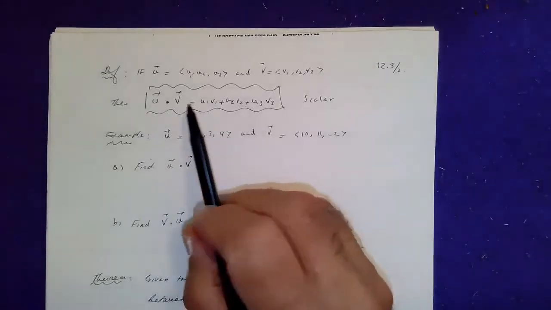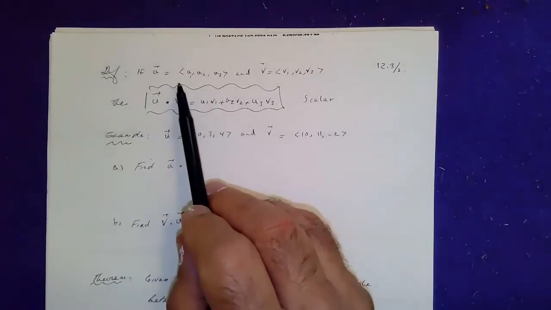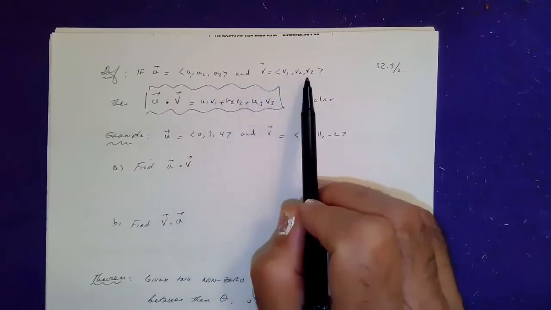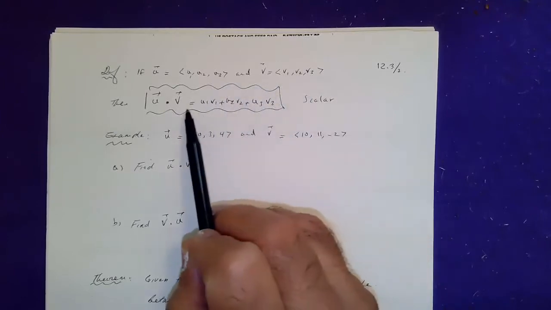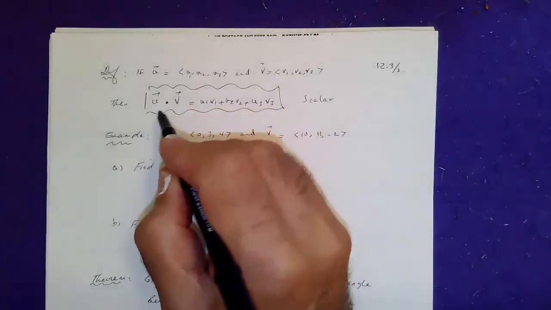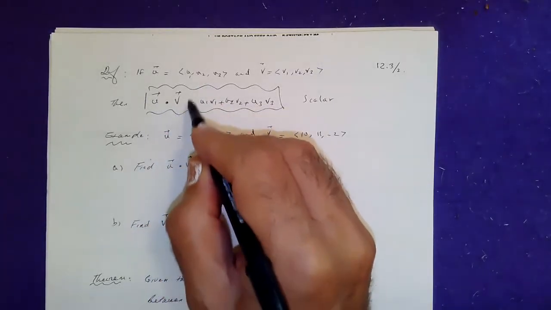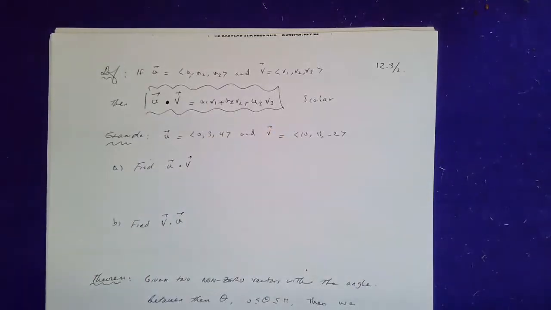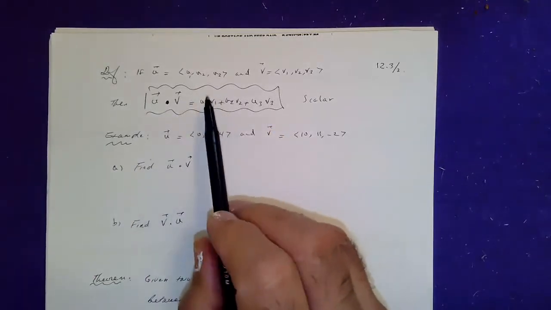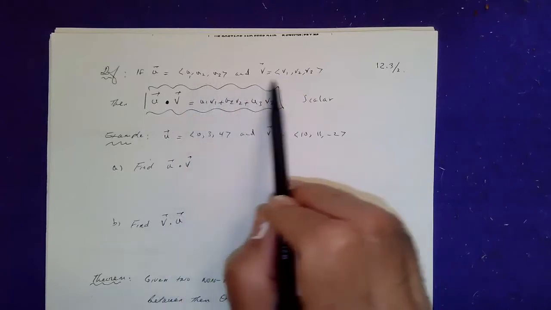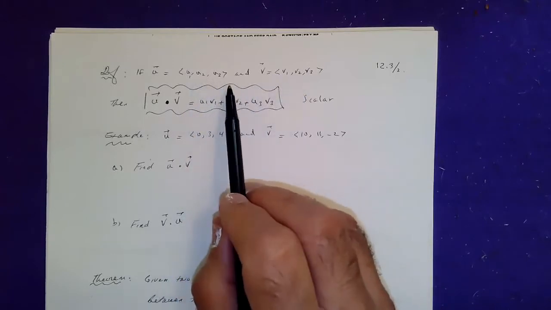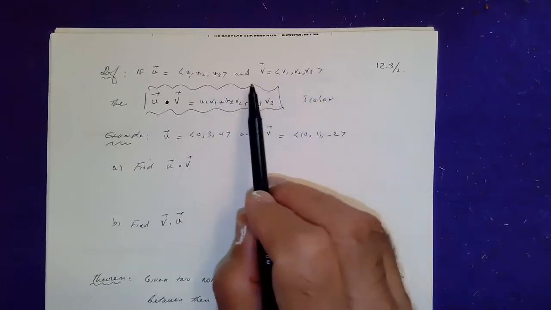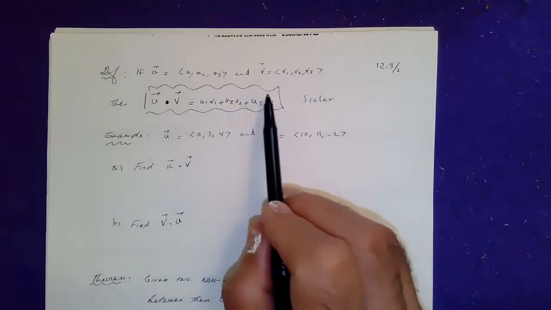So the definition of the dot product is, if you have two vectors, either in 2D or 3D, the dot product, which is shown by u dot v, notice you make sure this dot is as visible as possible, is defined by the sum of the products of each corresponding x, y, and z components from each vector.